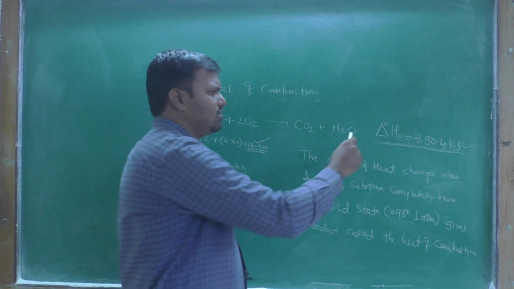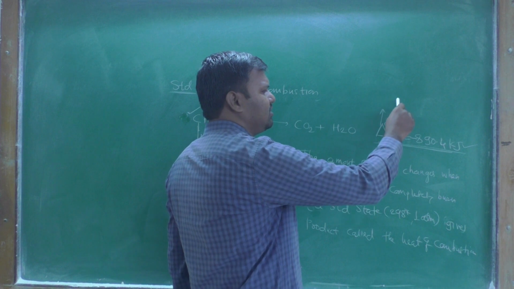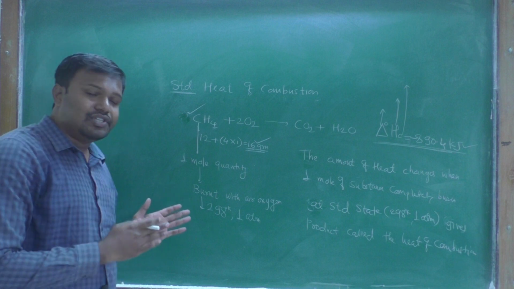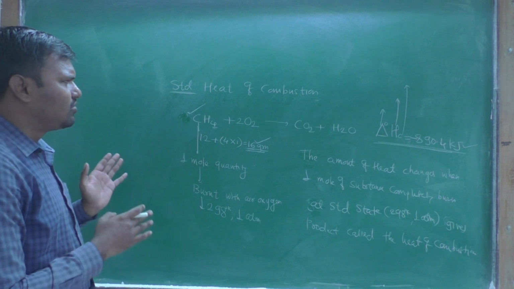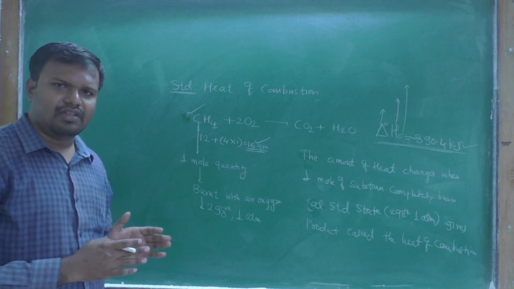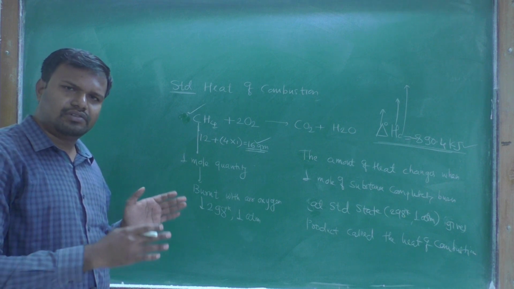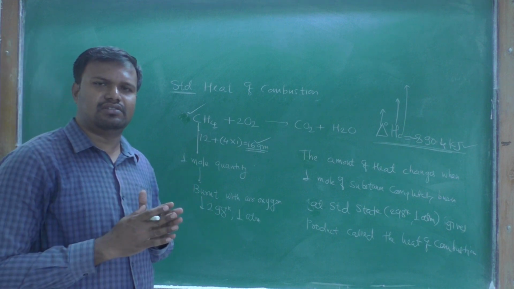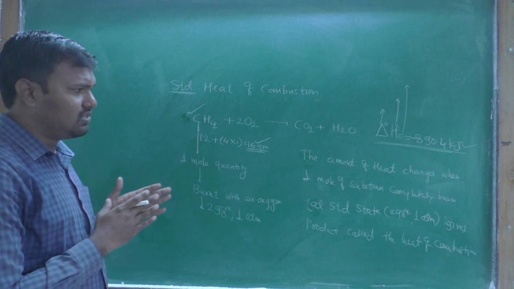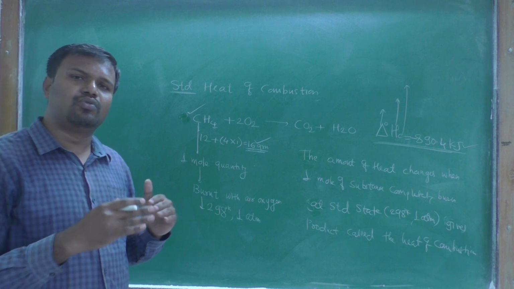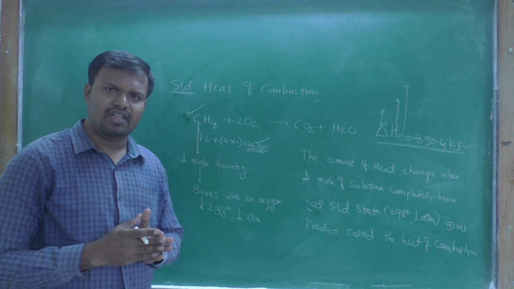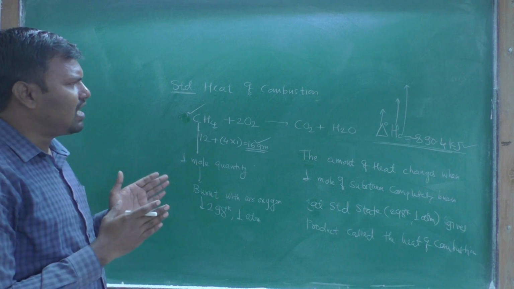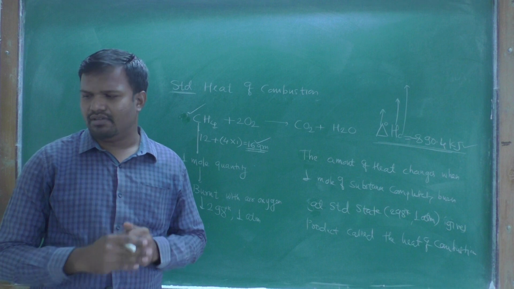In this, delta stands for the change, H is enthalpy, and c is for combustion. This is all about the standard heat of combustion. 1 mole of substance totally burnt at a standard condition produces heat, and this kind of heat is called the standard heat of combustion.